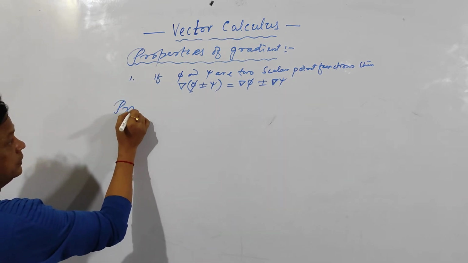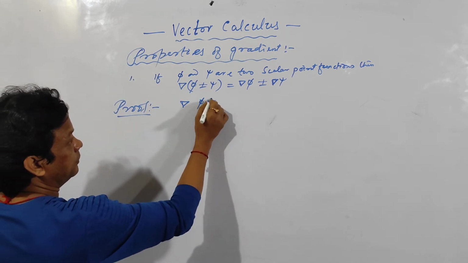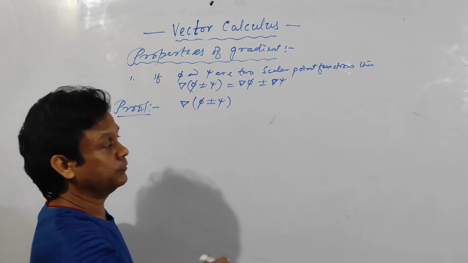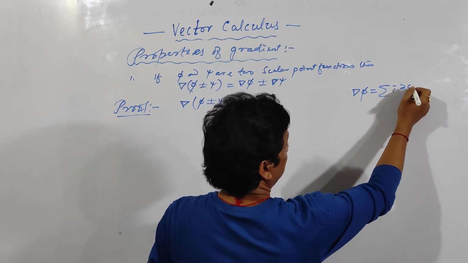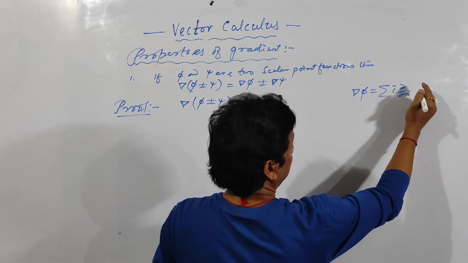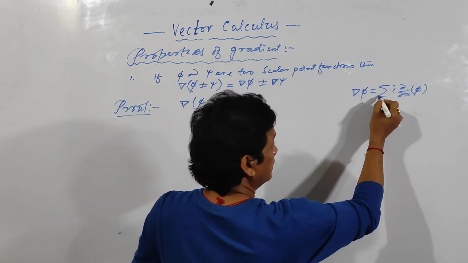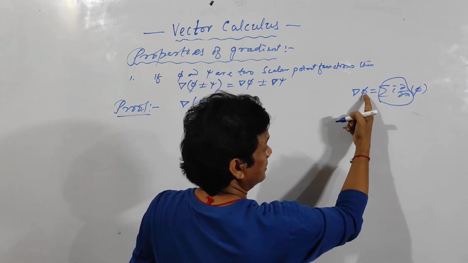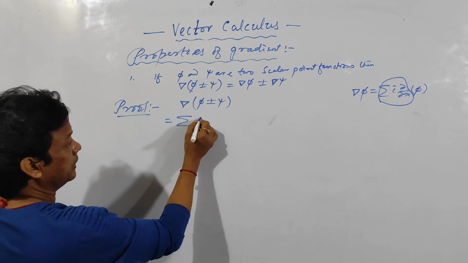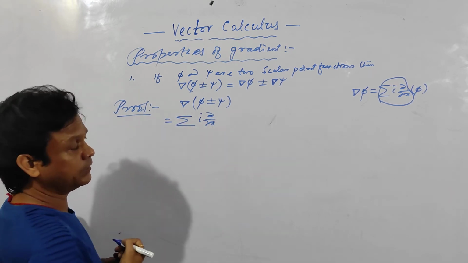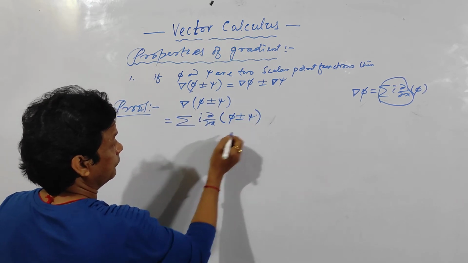The proof is very easy. Grad of (phi ± psi). What is the definition of grad? I have told you, grad phi is the summation of i ∂phi/∂x, that means ∂/∂x of phi. So here we write the summation of i ∂/∂x operating on phi ± psi.